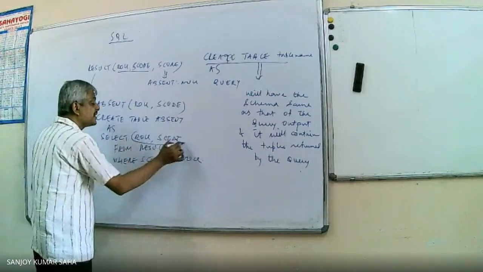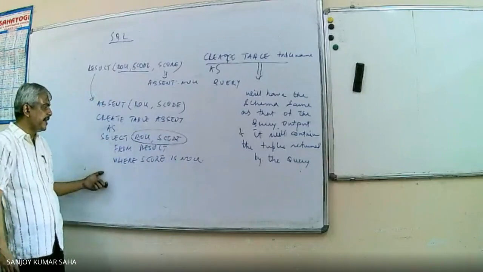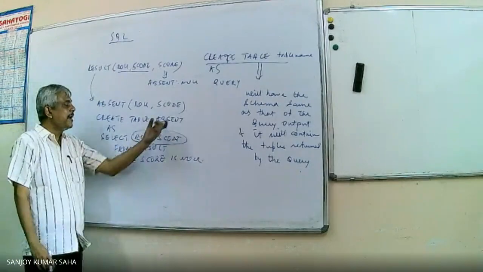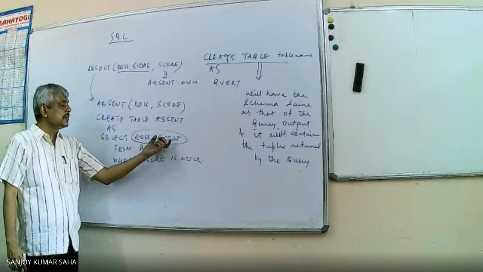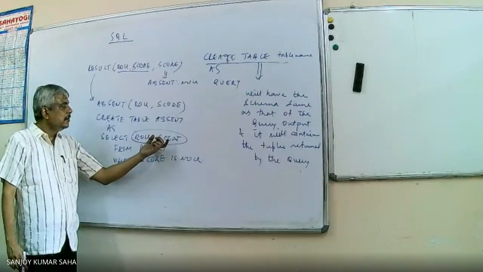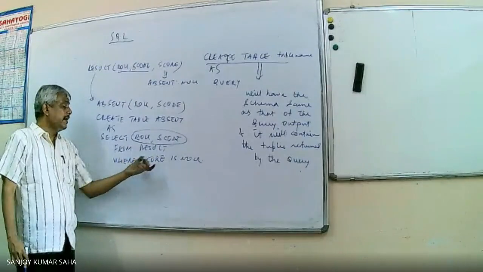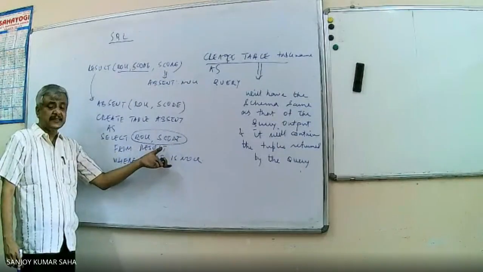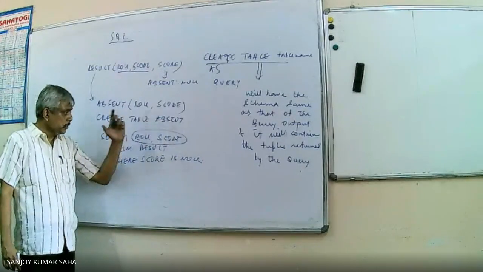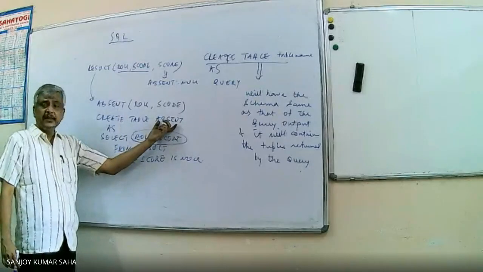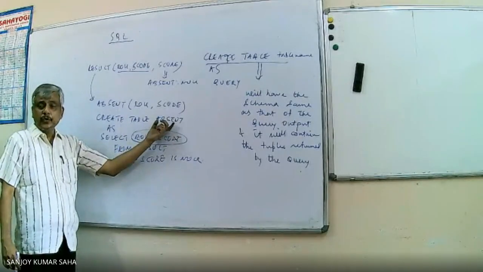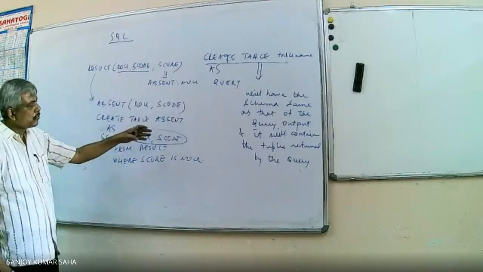So this is the schema of the output relation of this query. This one will have roll and score as the schema. Then from result, this will give us a certain number of tuples, and those will also be included in this absent table. So we are creating a table through the query.